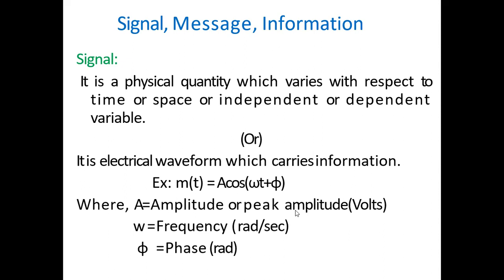So we are representing the signal as m of t equals A cos(omega t plus phi). Here A represents the amplitude of the signal, omega represents the angular frequency, which is in radians per second, and phi represents the phase of the signal. So this is what is meant by signal and representation of signal.